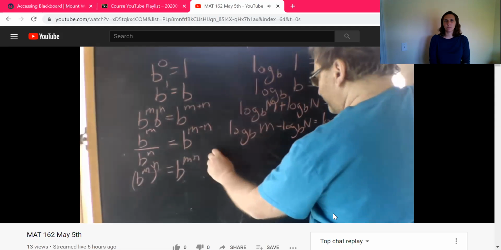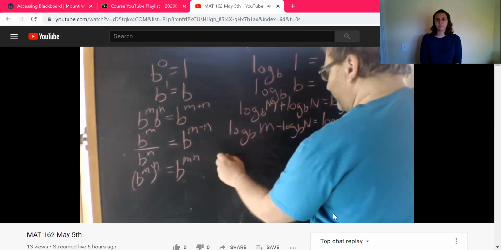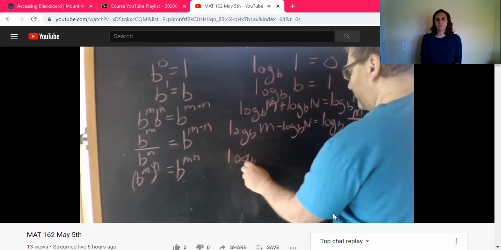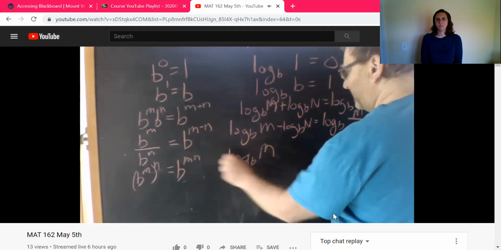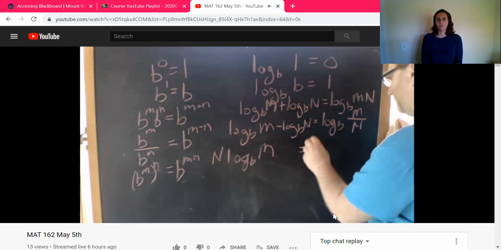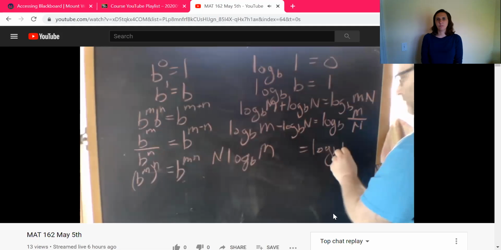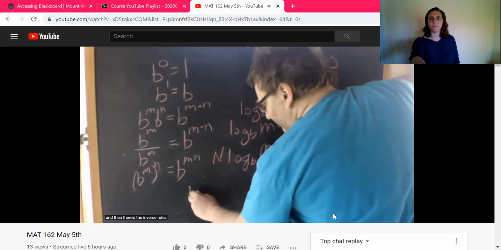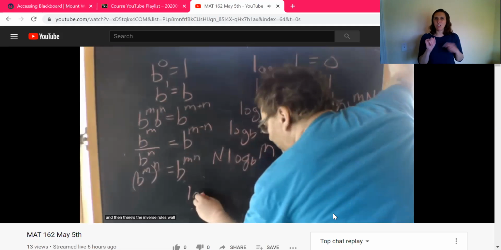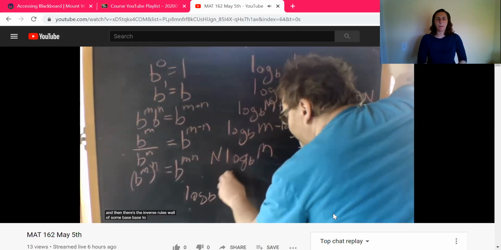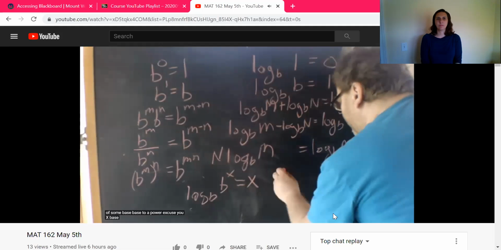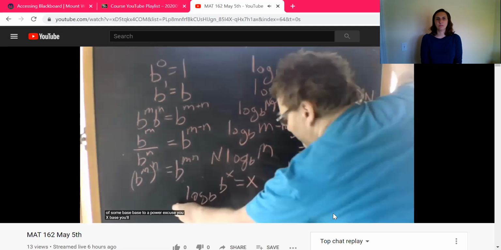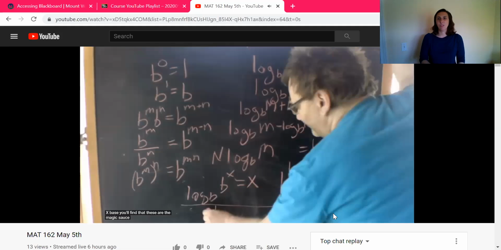And then, let's see, I want this side of it, so B, and then there's the inverse rules. Let's see if this is still, yeah, this is still showing on the screen. Log of some base of base to a power gives you x, and some base of log base x gives you x. And you'll find that these are the magic sauce that we're going to refer back to.